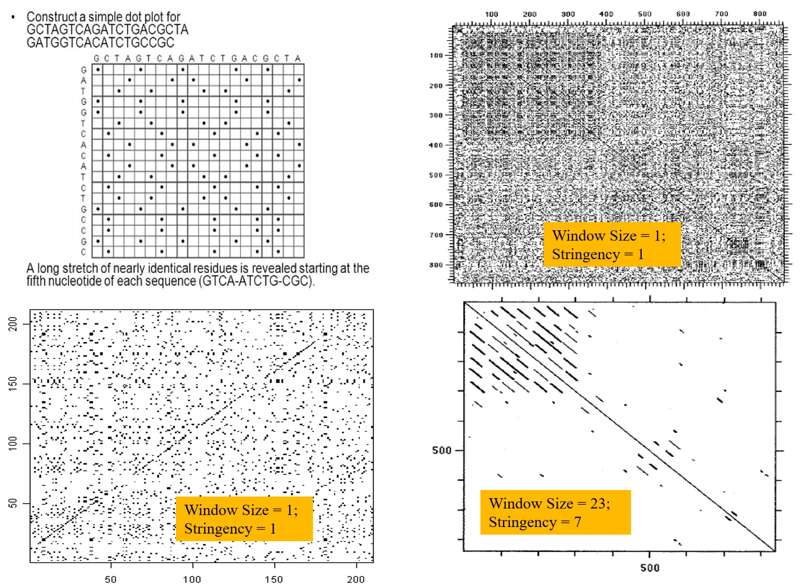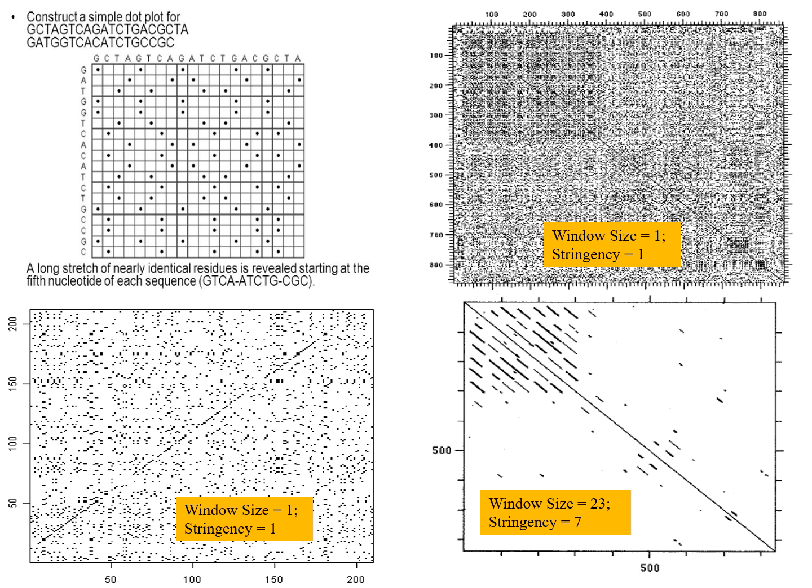Instead of placing one character per cell, a set of contiguous characters can be placed in one cell. Then you decide the criteria for placing a dot.